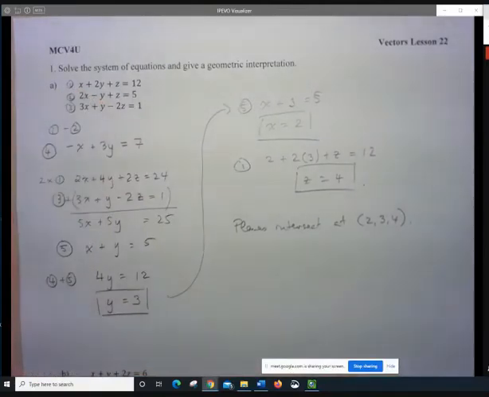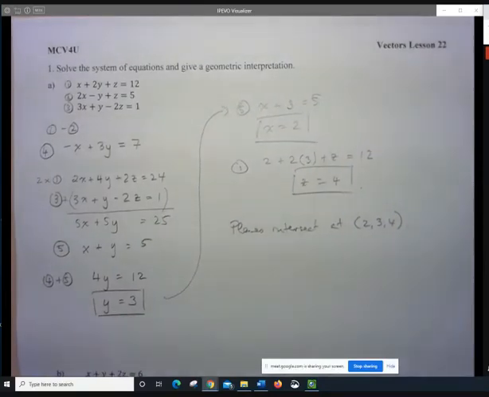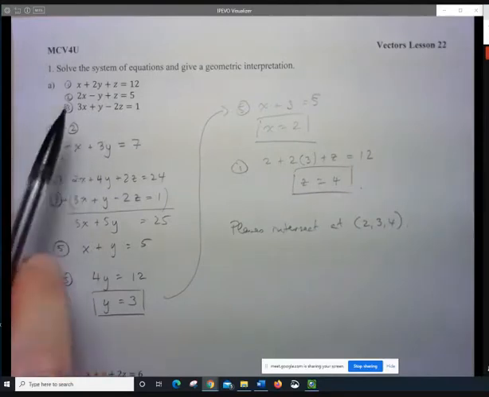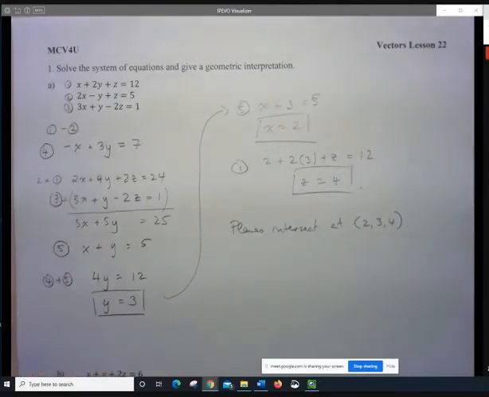And number 1, well, we checked that. That's what we used to determine z. Okay? So this is our strategy for determining the solution to a system of three equations and three unknowns when none of the equations are parallel to each other. Okay?